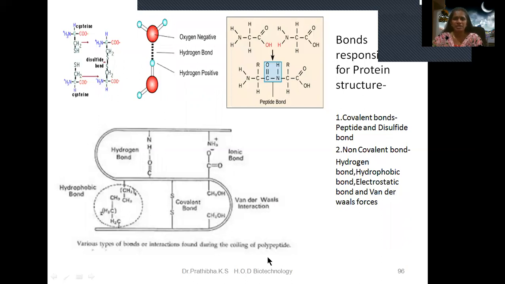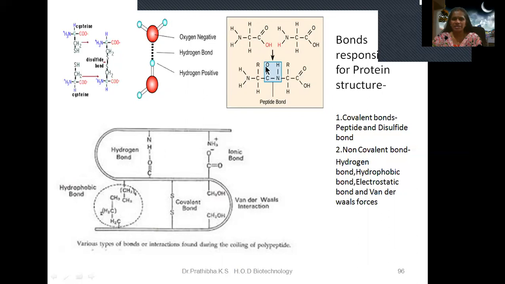Here you could see the protein structure representation. Here this is an oxygen molecule, a hydrogen bond, and this is the hydrogen positive. The hydrogen bond is formed between the C double bond O and the NH group. Here you can see the disulfide bond which happens between 2 cysteine molecules through oxidation of the sulfhydryl or SH groups of the 2 cysteines.